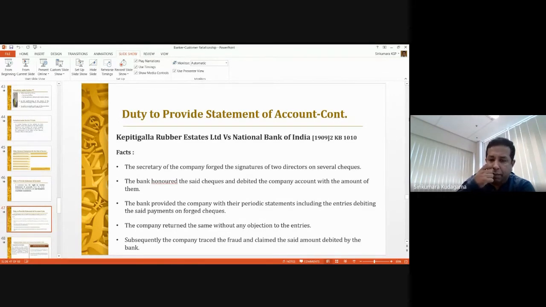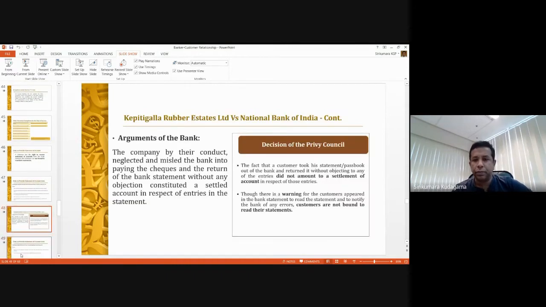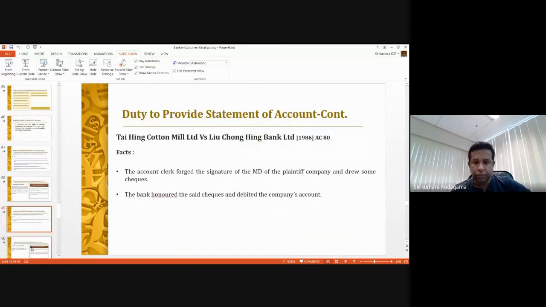This Capital Rubber Estates Limited versus National Bank of India is a case where the incident is very similar to the Tai Hin Cotton Mills case. I think I have given all the points there. I don't want to describe that today. Again, you see Tai Hin Cotton Mills case as well because it's relevant here as well.